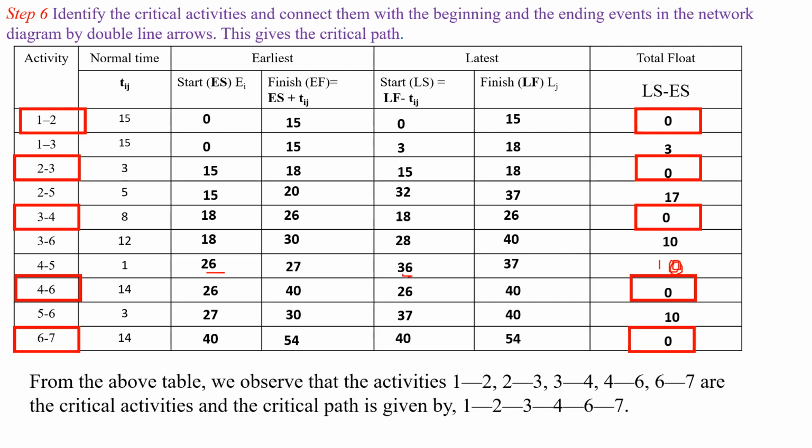Now the critical activities are 1 to 2, 2 to 3, 3 to 4, 4 to 6 and 6 to 7. These activities are in the critical path. So now the critical path will become 1, 2, 3, 4, 6, 7.